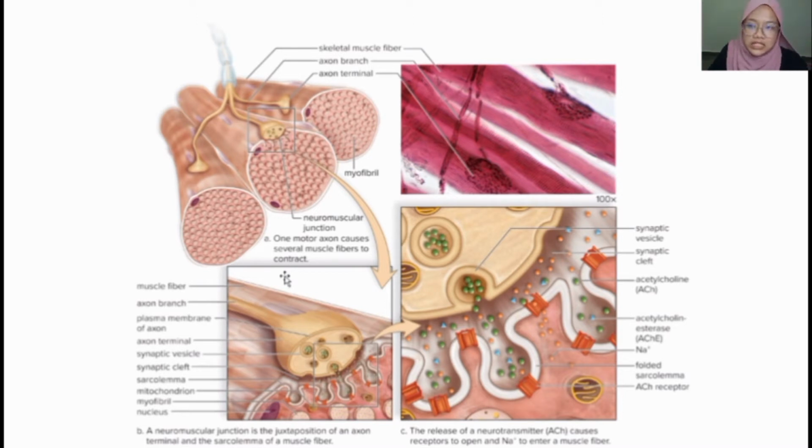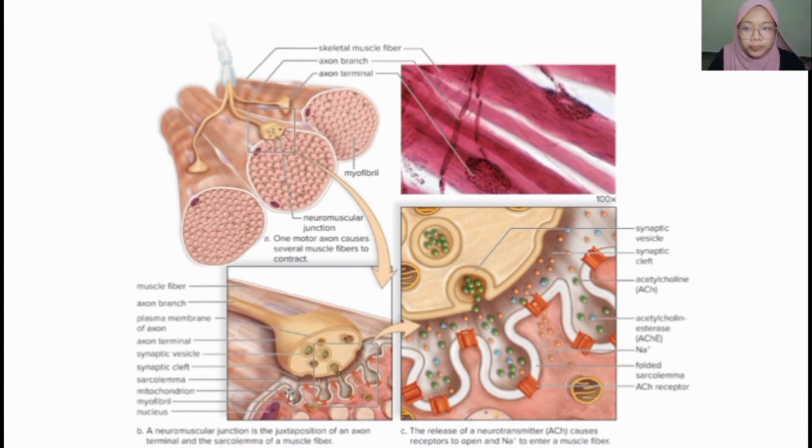The structures involved include muscle fibers, axon branch, plasma membrane of axon terminal where the synapse occurs, synaptic vesicle where the transmitters are stored and released, and the synaptic cleft, which is a space that separates the 2 neurons.